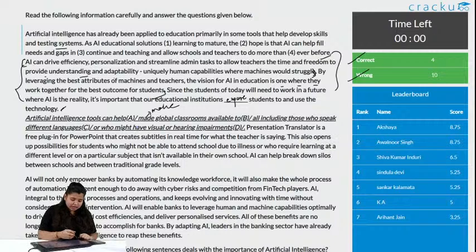Presentation Translator is a free plugin for PowerPoint that creates subtitles in real time for what the teacher is saying. This also opens up possibilities for students who might not be able to attend school due to illness and who require learning at a different level on a particular subject that isn't available in their own school. AI can help break down silos between schools and between traditional grade levels.